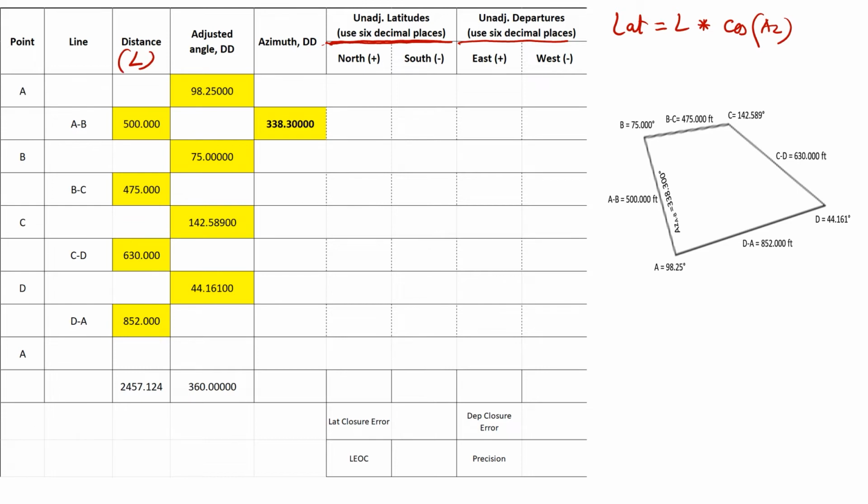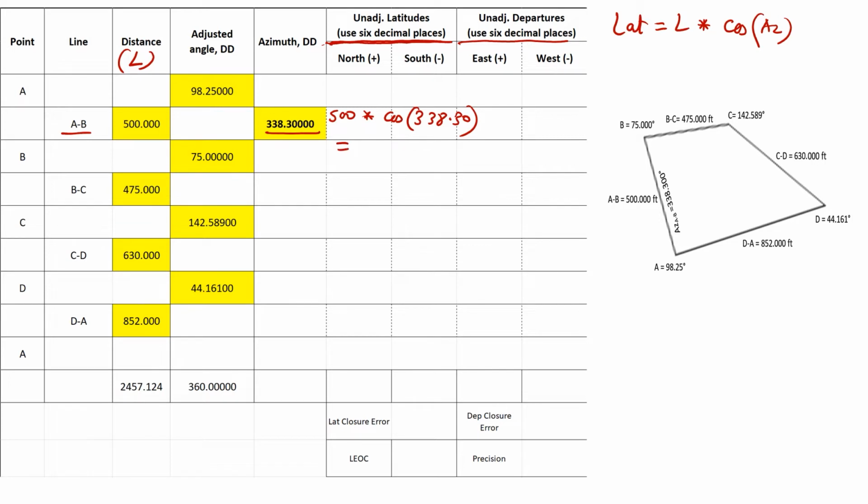So for this line AB, the latitude would be length, 500, times the cos of the azimuth. The azimuth of AB is 338.30.